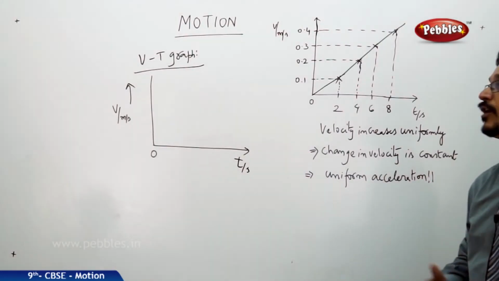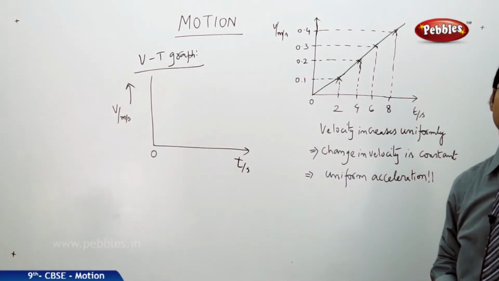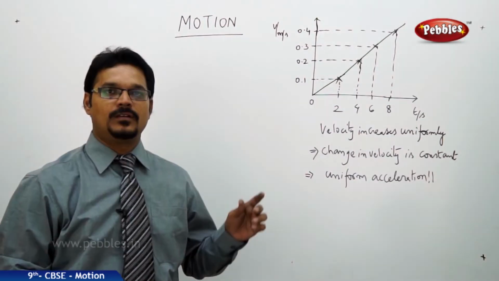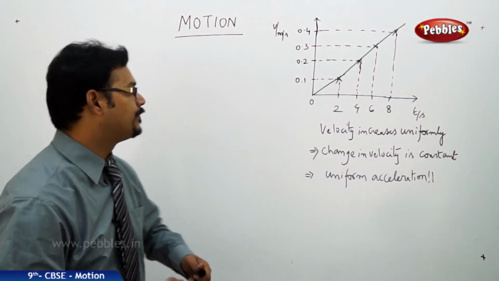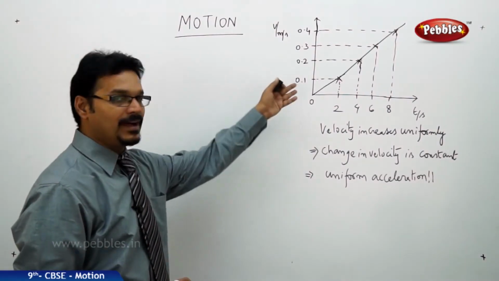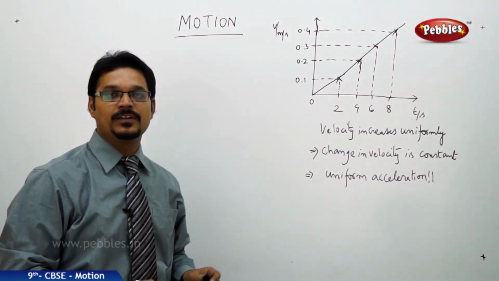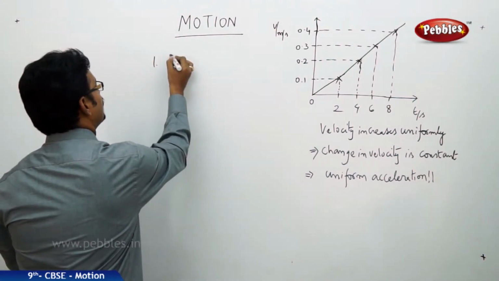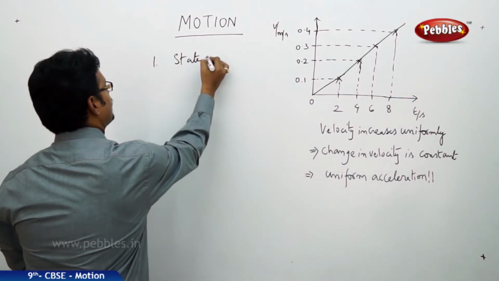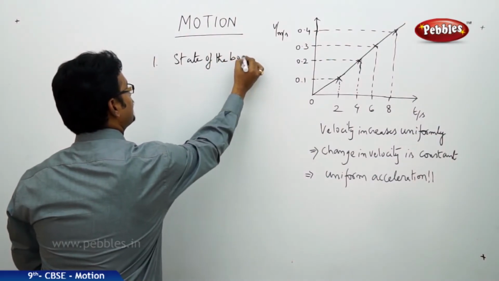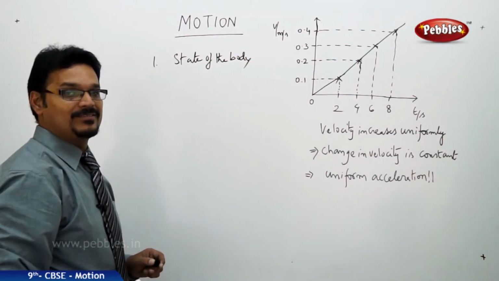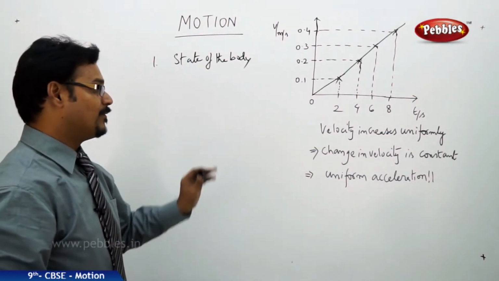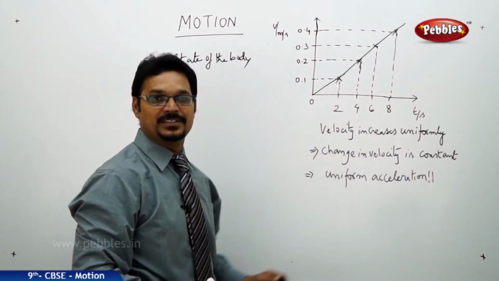Now your question is that how do we find the acceleration using this graph? So let me tell you. To find acceleration, the graph is giving two types of information for you. First thing is the state of the body, as I told earlier in the ST graph. This also gives state of the body, whether the body's velocity is increasing or decreasing.